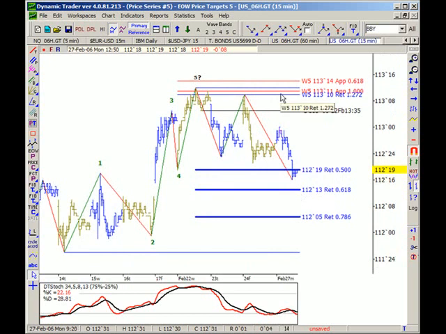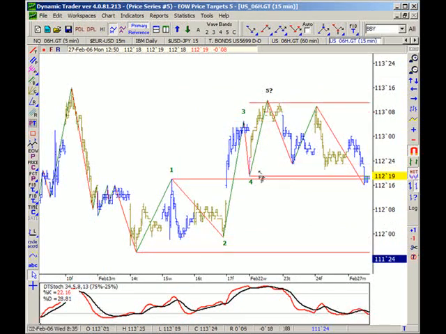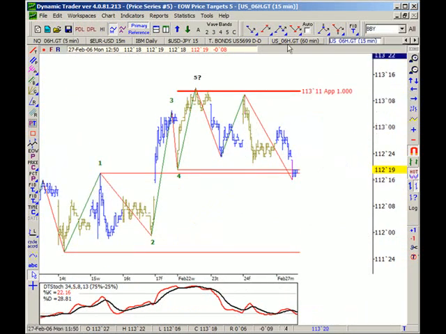How would we have done these projections if we didn't have Dynamic Trader to do the one-click end of wave 5? Well, we just do it real simple. Let me just click on hot pivots, the 100% alternate price projection from the wave 4 low.